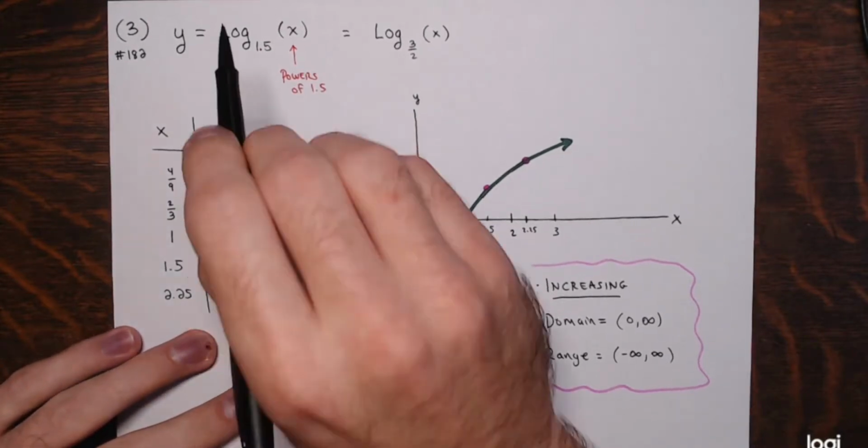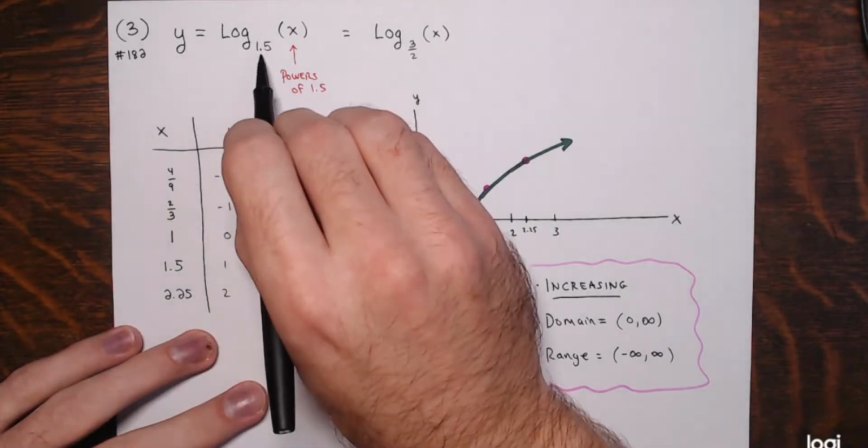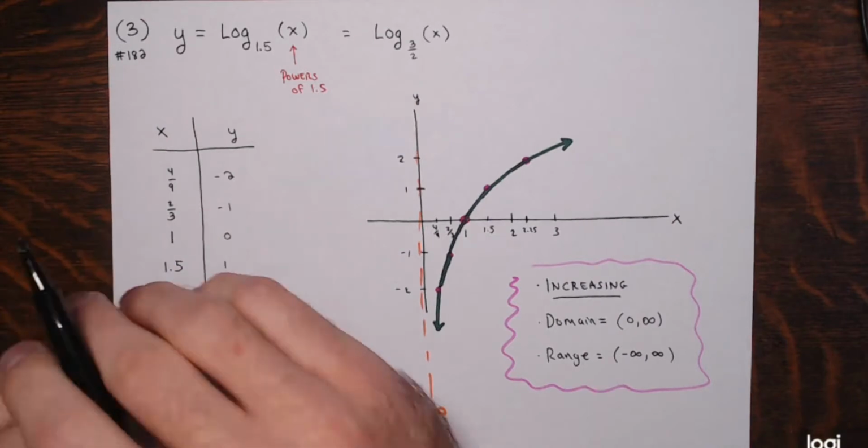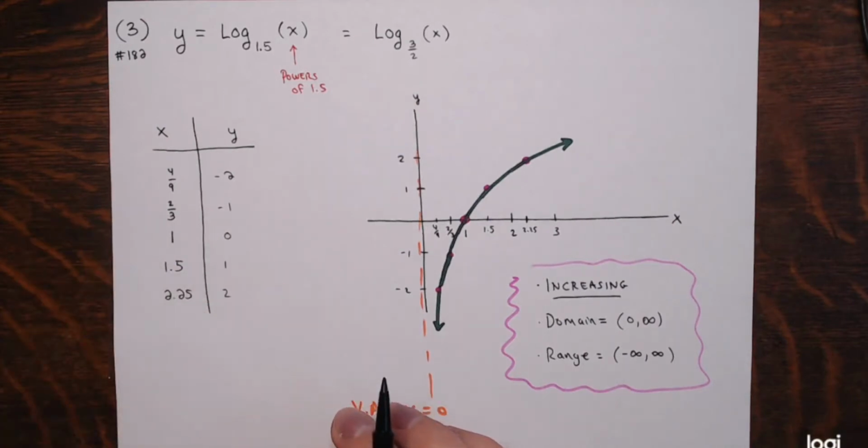And every one we've seen so far has had a base bigger than 1. And don't forget, we're only dealing with positive bases, no negative base logs. That gets a little weird, a little hairy. But in general, what we've been seeing is the following.